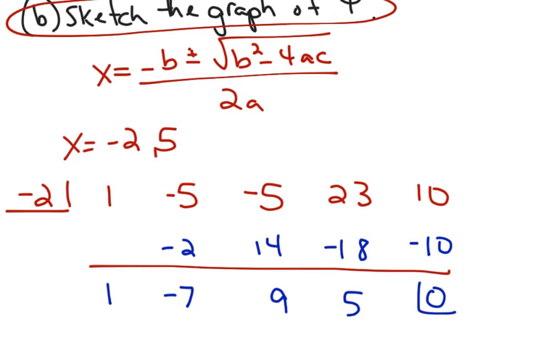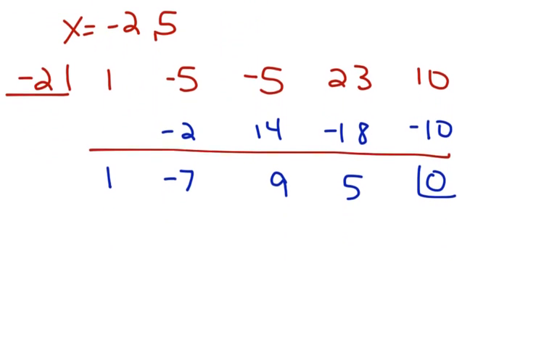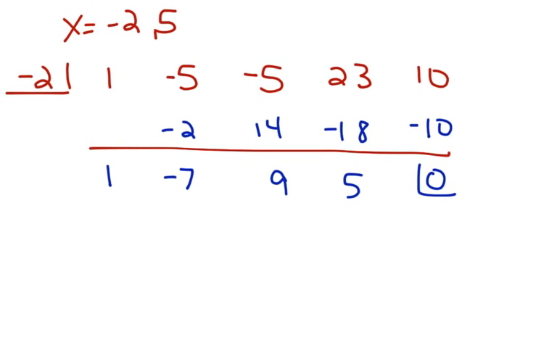Because negative 2 was a zero of that polynomial, the remainder should also be 0. Now, I'm not going to write the new quotient. I'm going to leave this alone, because now I'm going to take the second zero and divide it out of the previous quotient.